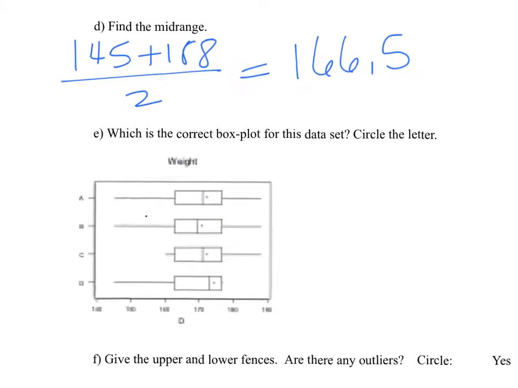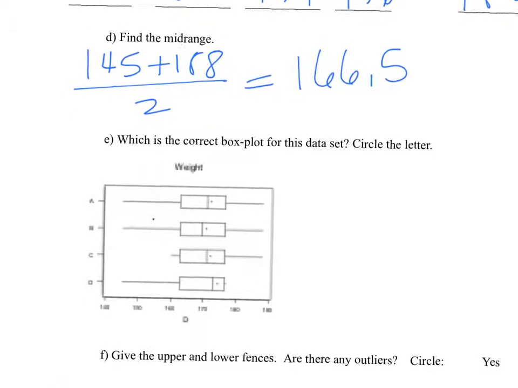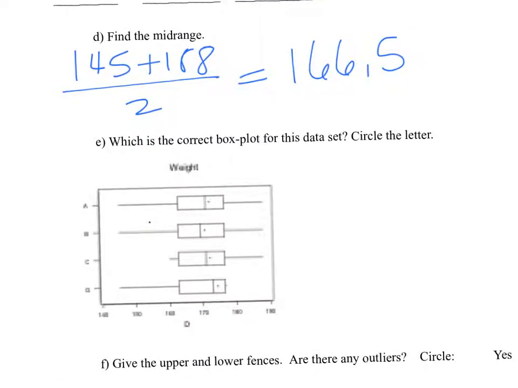Let's take a closer look at this. Remember, our minimum was 145. If I look at this, 145 is between 140 and 150, so we know it cannot be this one right here. Our Q3 was 176, so it can't be this one.